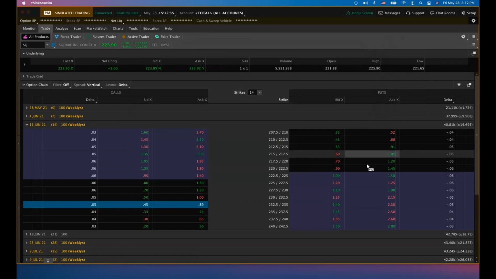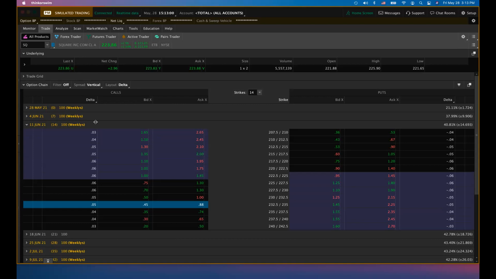I think you're thinking about the put side. No, it doesn't matter to me on either one of them. I just thought that you always had to be in the money when you did this. Not necessarily, no. This is a call credit spread, so you want to be out of the money if possible.